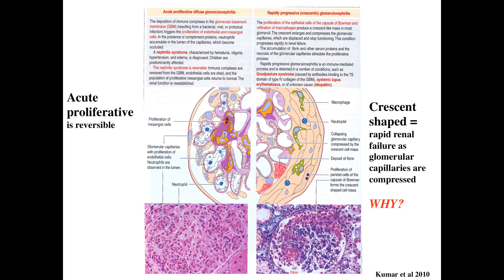That leads to a reduced glomerular filtration rate, and it can lead to rapid renal failure, because if you are restricting the flow of blood through the glomerular capillaries, you're also then restricting blood flow through the peritubular capillaries and vasa recta, so you're going to essentially affect the nephron and collecting ducts downstream.